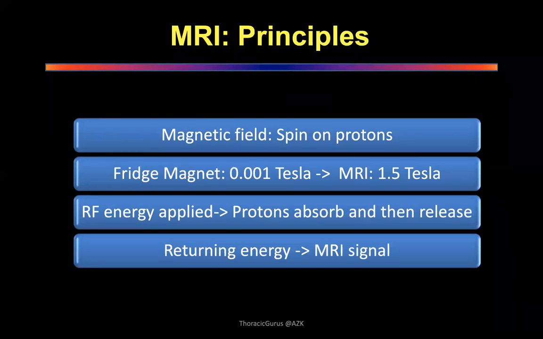And each proton, whether it is in the fluid, in the epithelium, or in the muscle, they all shift to different levels. So the difference in the shift is recreated as a dot matrix on an image, and then the whole image is recreated to show you the anatomy in great depth.